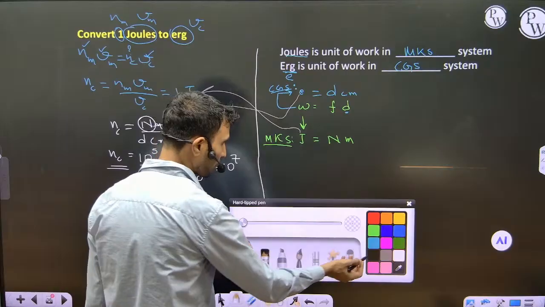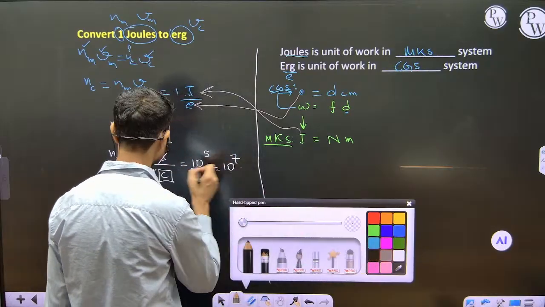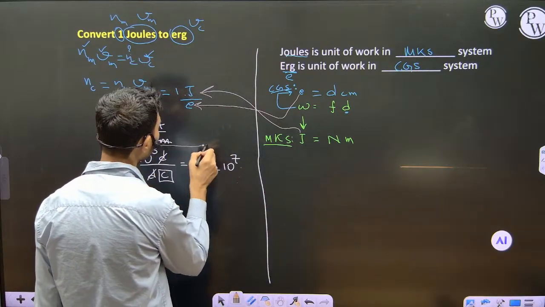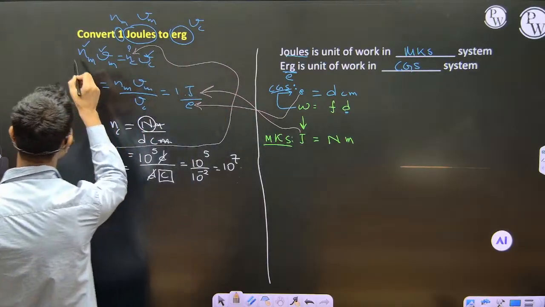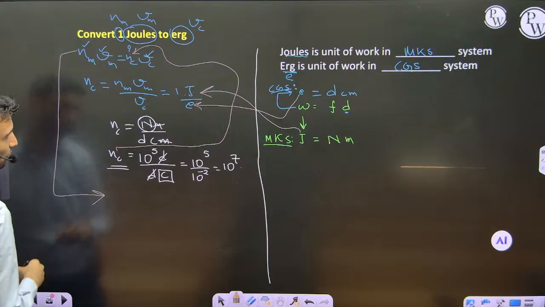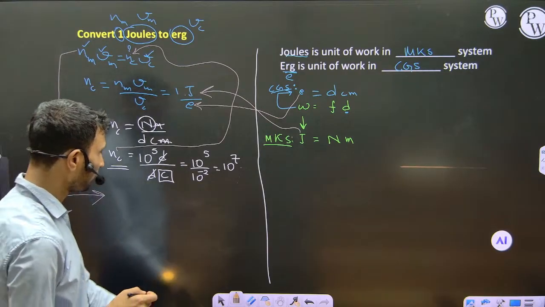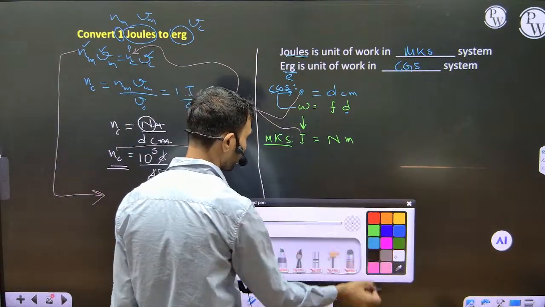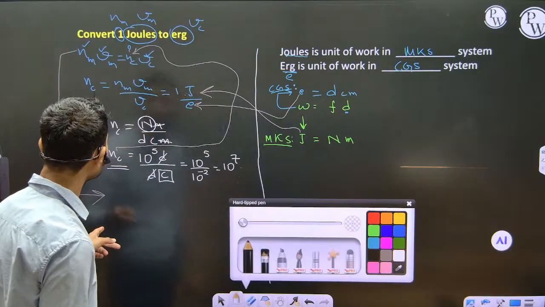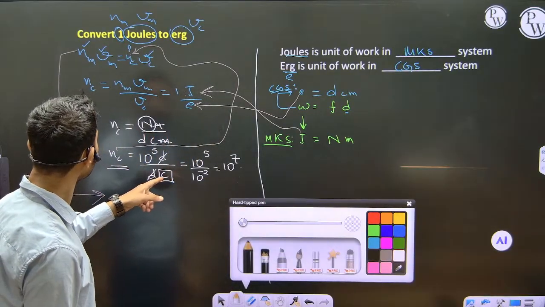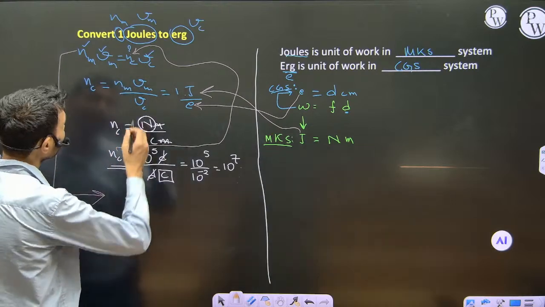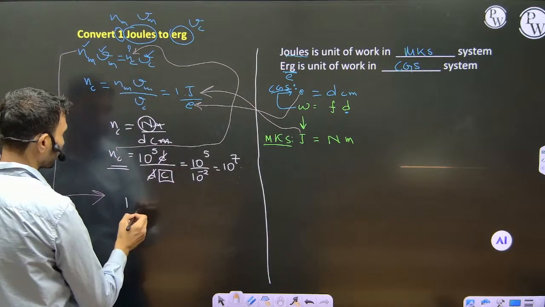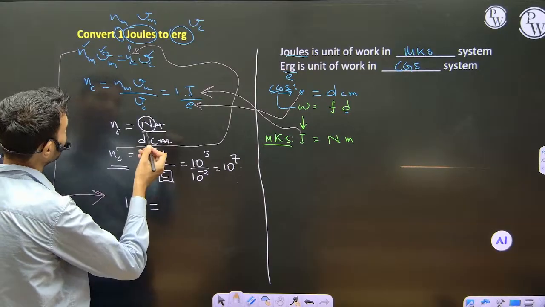Now we have got Nc. If we use this value of Nc and put it right here, see what this entire thing gives us. What do we end up getting? We end up getting this. Nm is how much? 1. So we get 1. Um is joules. We get 1 joule is equal to how much exactly?